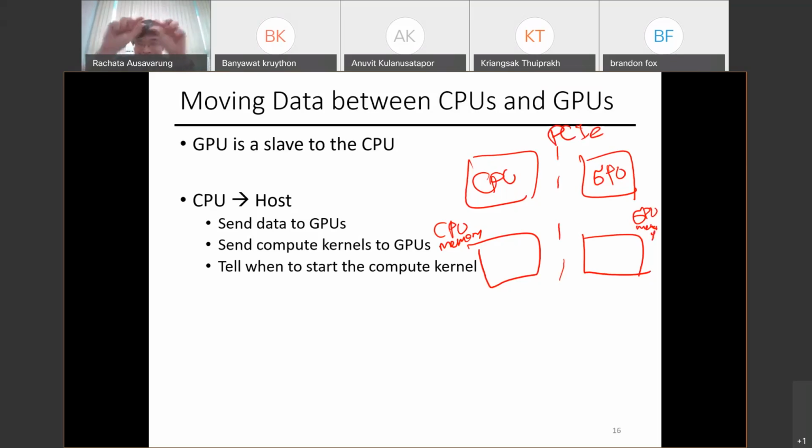That big, long interface thing that you plug your graphic card into, that's where you transfer the data back and forth between the two memories. When you issue the compute kernel or the GPU kernel, the CPU sends the kernel to the GPU.